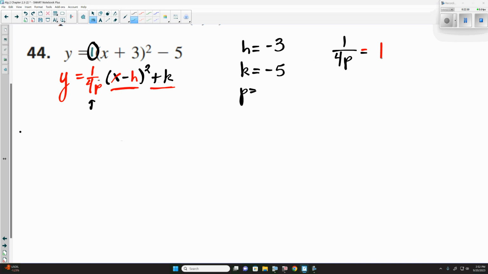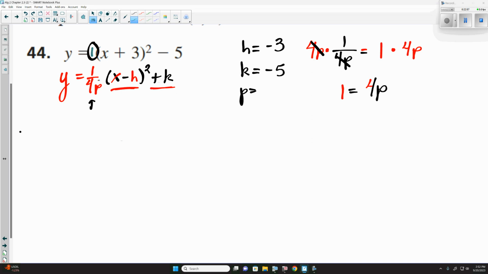No matter what the problem is or how it's set up, the first step is to multiply both sides by 4p. Because on the left-hand side, 4p and 4p would simplify out, leaving us with 1. On the other side, we're going to do 1 times 4p, which is just 4p.